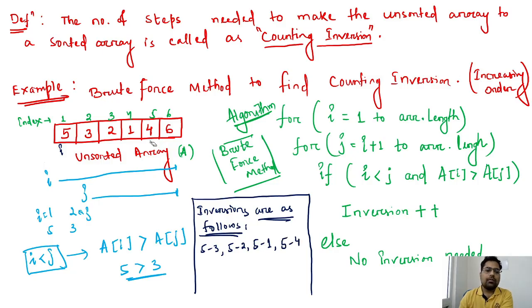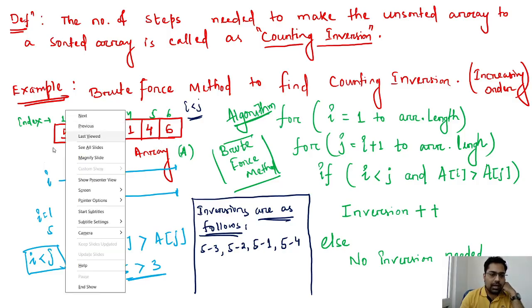Now once it is done, j value is at 6. Here we found I is less than j, not an issue, but a of I, which is 5, is not greater than 6, means it is less than 6. So no inversions needed. Why? Because a of I value is small.